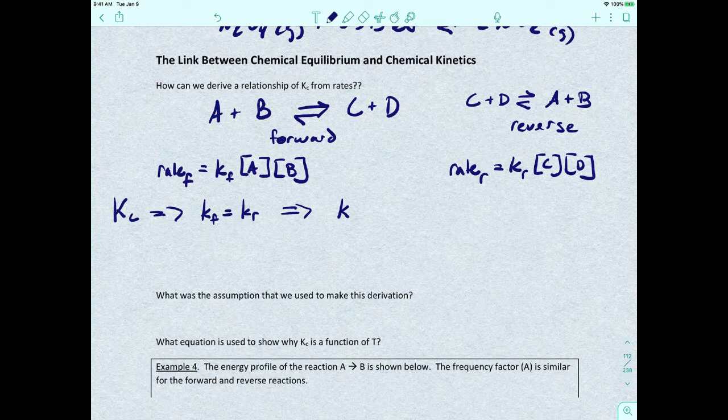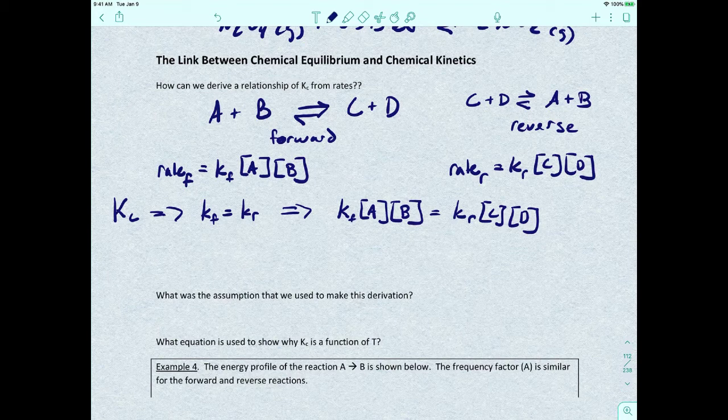So the rate constant of the forward reaction times the concentration of A times the concentration of B has to be equal to the rate constant of the reverse reaction times the concentration of C times the concentration of D. Now we want to get all the concentrations together and all the rate constants together.